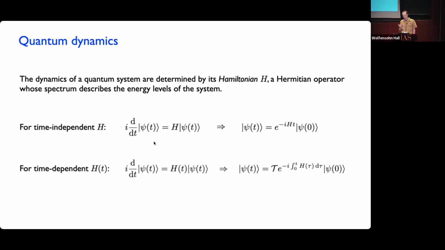More generally, we can think about the case where the Hamiltonian has some explicit dependence on time, and then there's not quite as succinct a way to write down what the time evolution operator is, but it still exists, and you can reason about it. And so this is the problem that we're going to be interested in, understanding this time evolution of the system. This is what I'm going to call the Hamiltonian simulation problem.